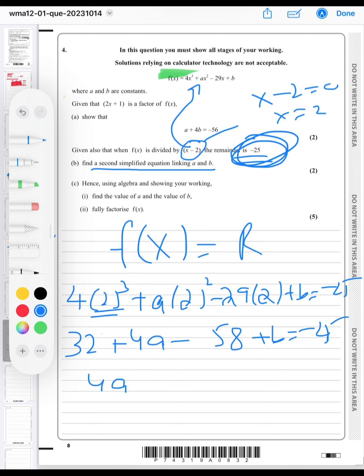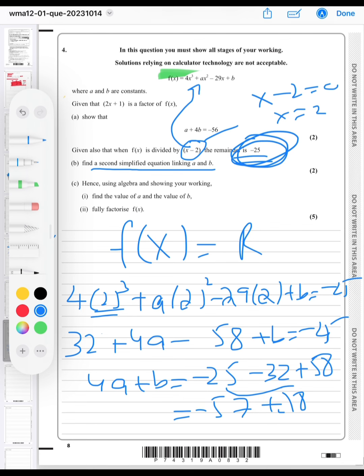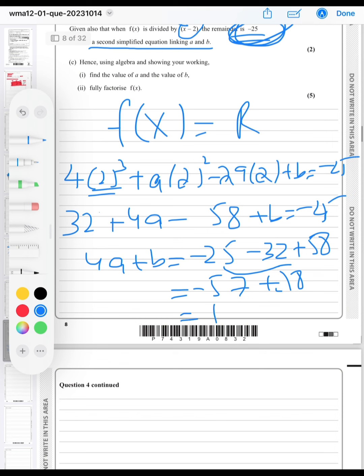So 4a plus b equals to minus 25 minus 32 plus 58. 2 and 5 will be 7, and minus 3 minus 2 will be minus 5 plus 58, so it turns to 1. So 4a plus b equals to 1.